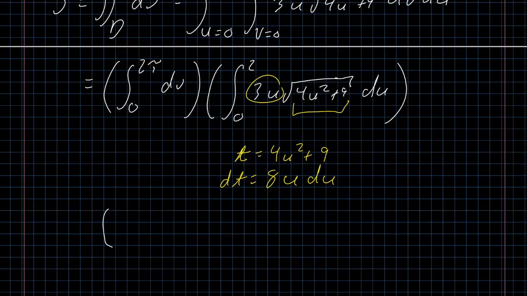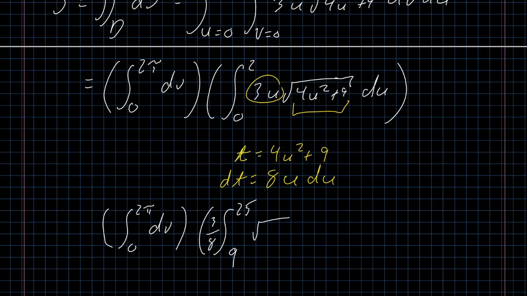All right, so we can separately look at the integral from 0 to 2 pi of dv, and the integral, well, if I plug in u equals 0, I get t equals 9, and if I plug in u equals 2, I get that t equals 25. And we've got that 3/8 that I said was going to show up so that we can get the 8 inside.